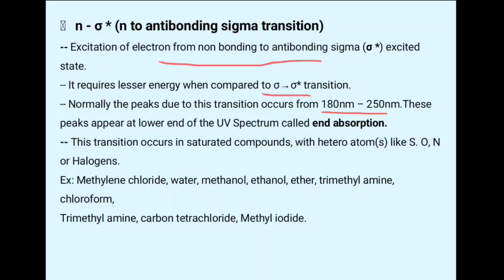These peaks appear at lower end of the UV spectrum called end absorption. This transition occurs in saturated compounds with heteroatoms like sulfur, oxygen, nitrogen or halogens. Examples of these compounds are methylene chloride, water, methanol, ethanol, ether, trimethylamine, chloroform, carbon tetrachloride.